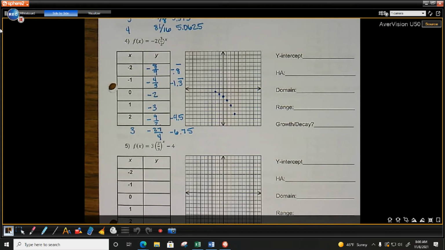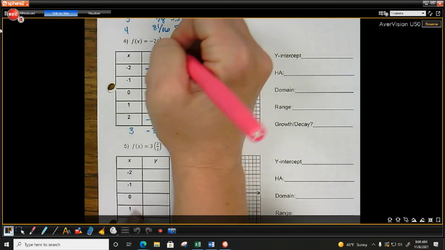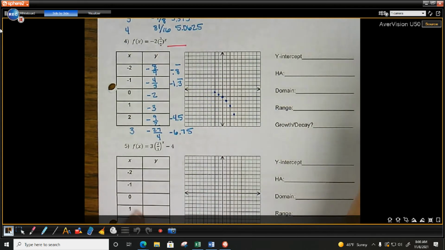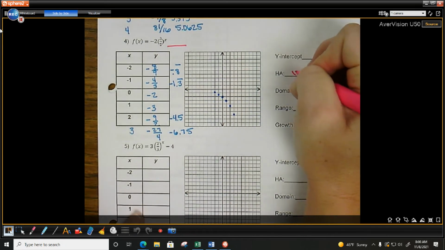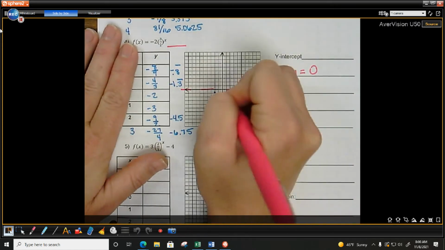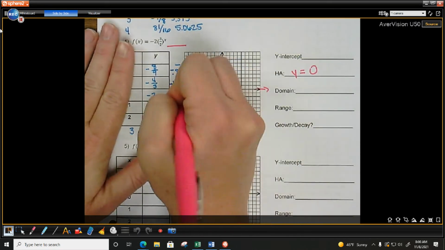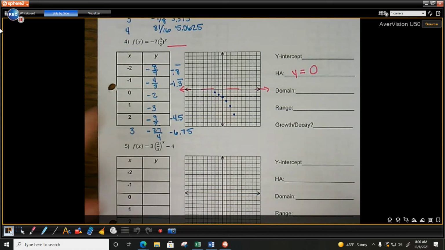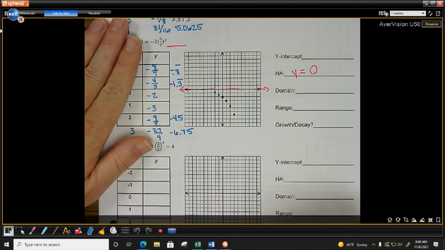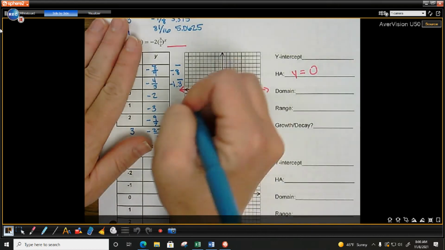Do I have a plus or a minus over here? No. So what is my horizontal asymptote at? y equals 0. So it's still on the x-axis. So draw your curve. Is it allowed to go above that x-axis? No, because you're not allowed to cross your horizontal asymptote. Arrows at the end.